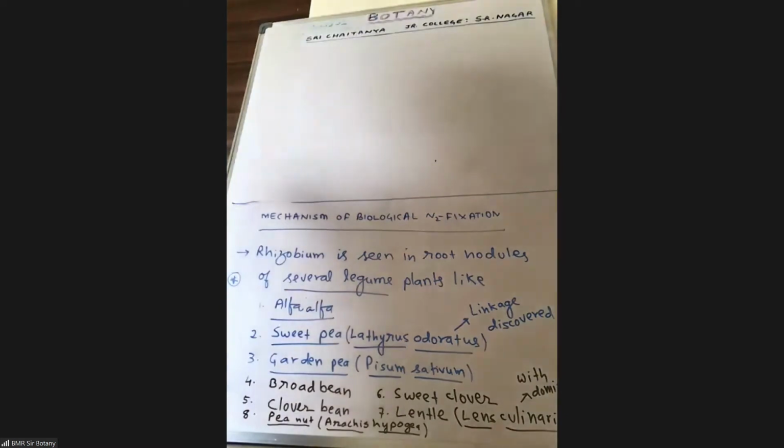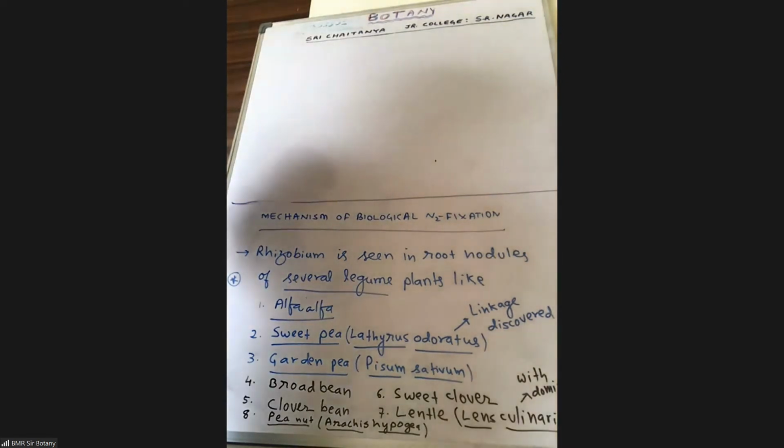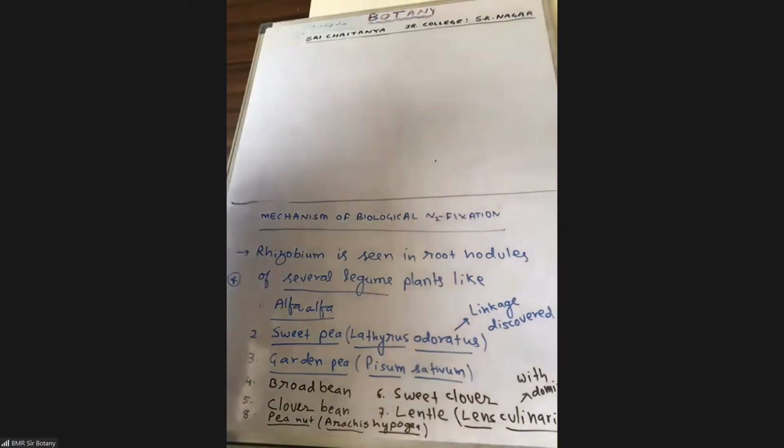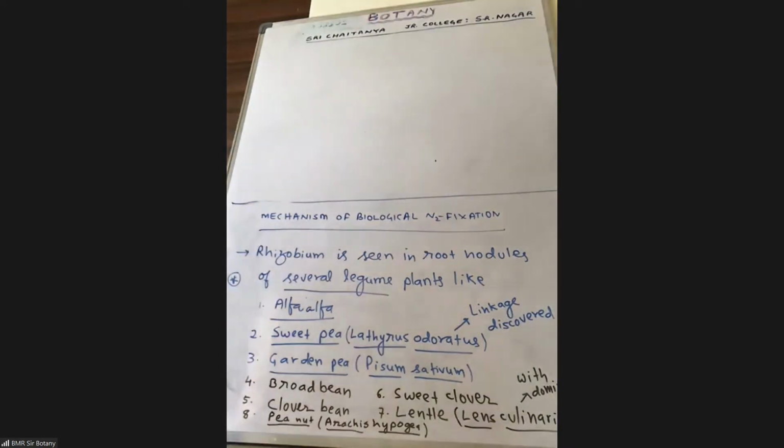So overall mechanism of biological nitrogen fixation, which is involving the enzyme nitrogenase, if you take. What are the three components required? We were talking yesterday, that was the last point we were discussing.